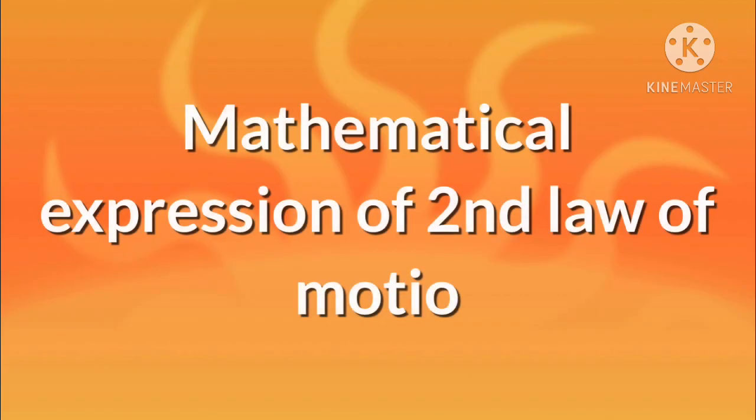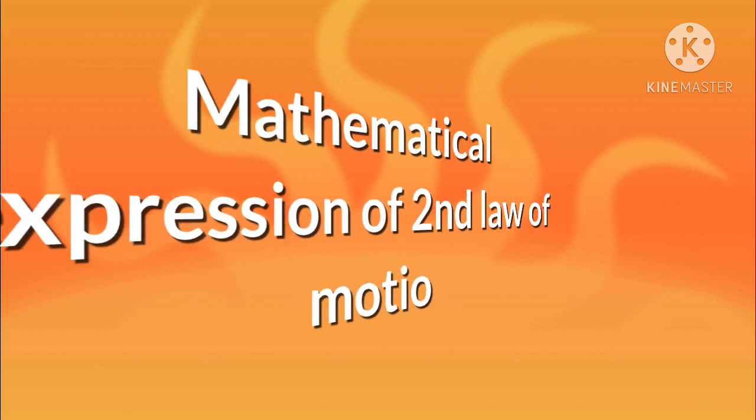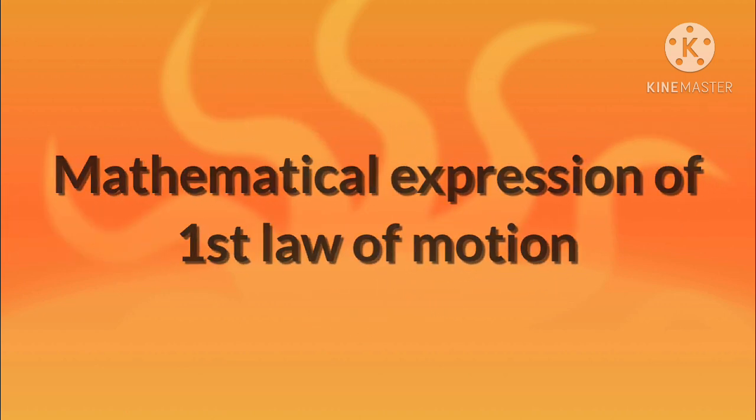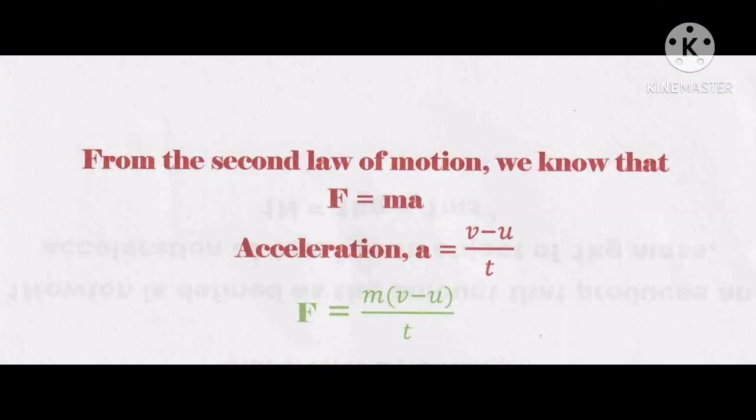Now, let us see how the mathematical expression of the second law helps to derive the first law of motion. From the second law of motion, we know that force equals mass into acceleration. We know that acceleration a equals the rate of change of velocity, that is v minus u by t. Let us substitute the value of a. Therefore, F equals m into v minus u by t.